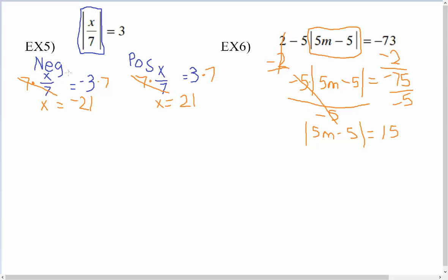Now, the same way that we isolated the absolute value on example 5, how it was already isolated, we've now isolated the absolute value on example 6. So this is where we get to split it into those two directions. We have the negative and the positive.